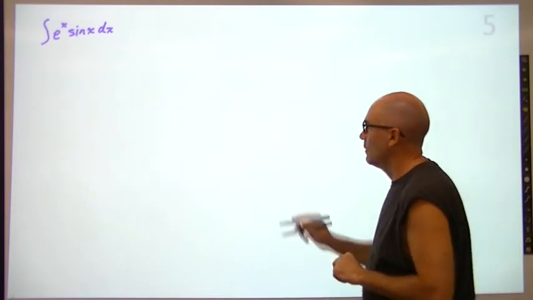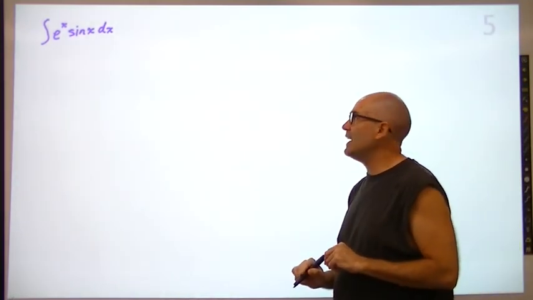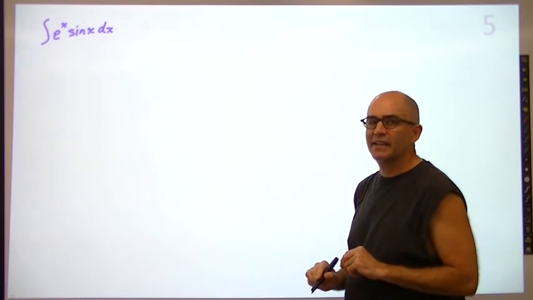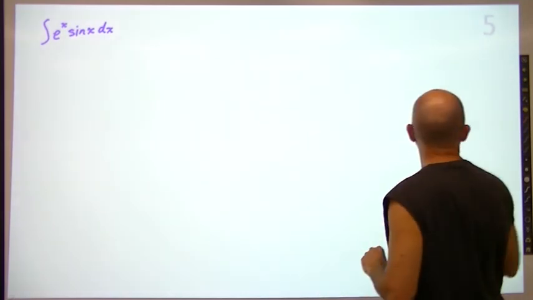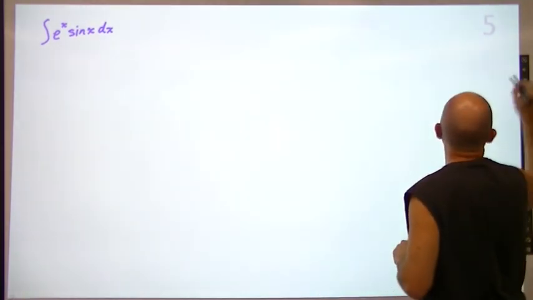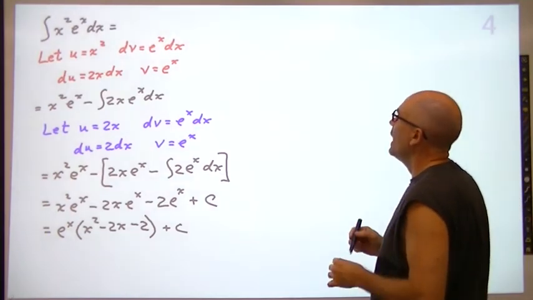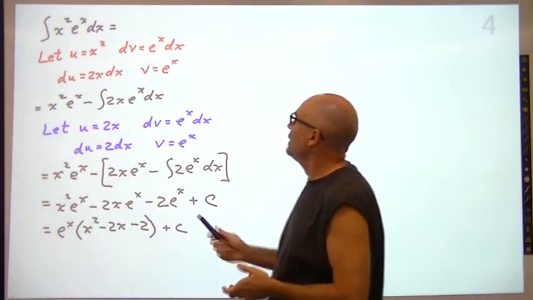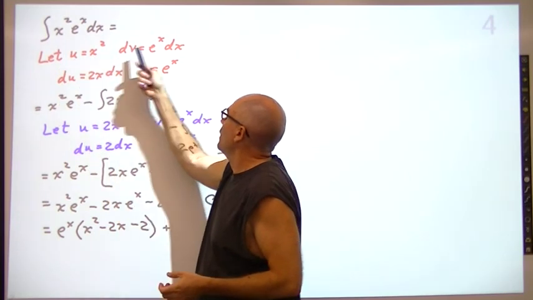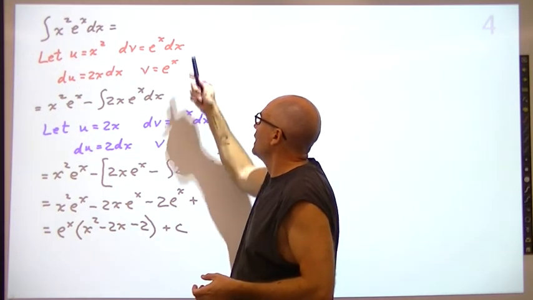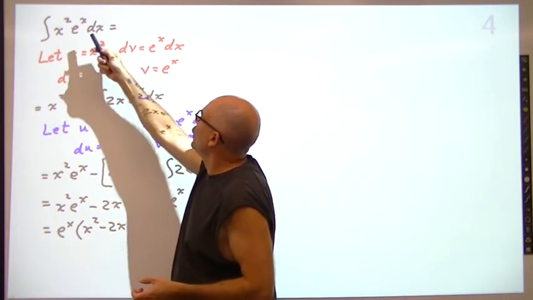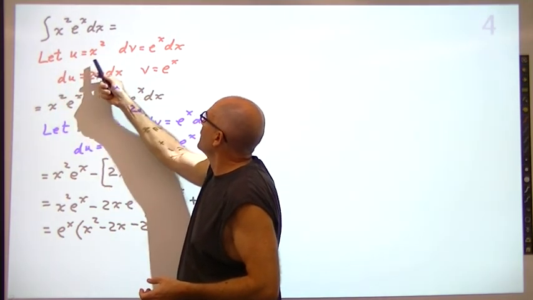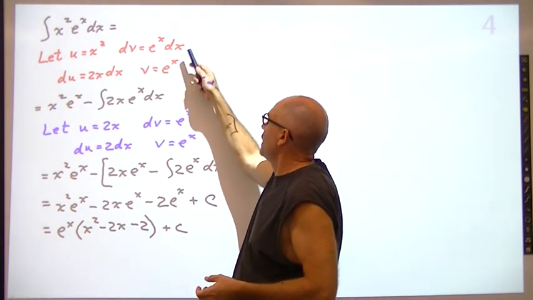Now, the integral of e to the x sine x dx. Now this one can be done, let me go back one more step real quick. Let's say instead of going let u equal x squared and dv e to the x dx, let's say we let u equal e to the x and dv is x squared dx.